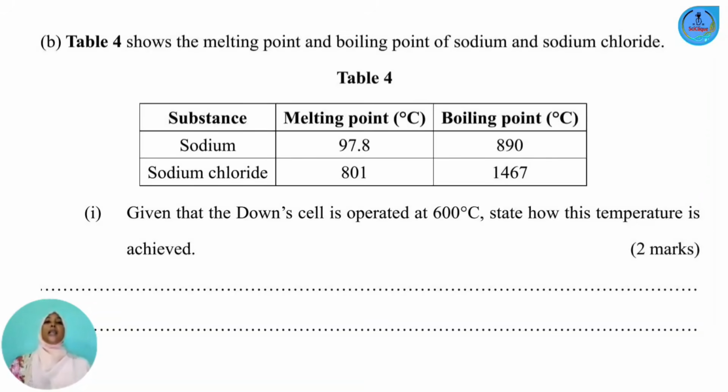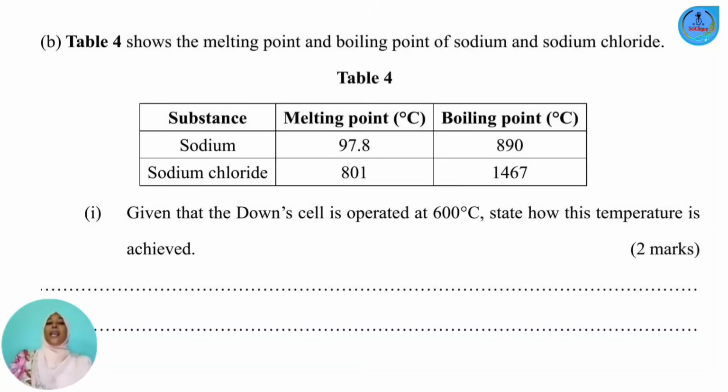Essentially these are the temperature points whereby sodium metal in solid state melts to give you a liquid. That is the melting point. The boiling point is where it forms vapor. Sodium chloride has a higher melting point at 801 and a much higher boiling point at 1467 degrees Celsius.